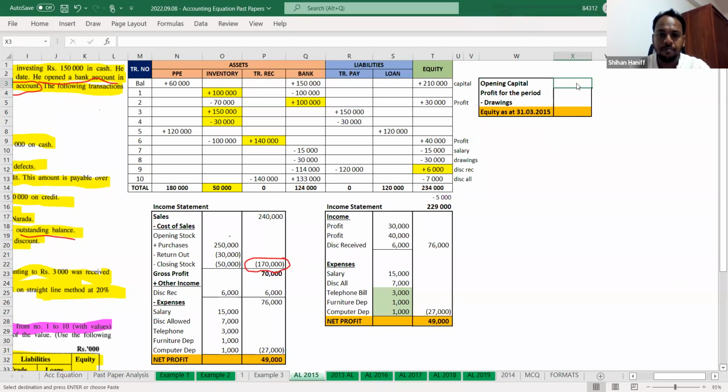Opening capital, 210. Profit, 49. Drawings, 30,000. Then we can get the closing.